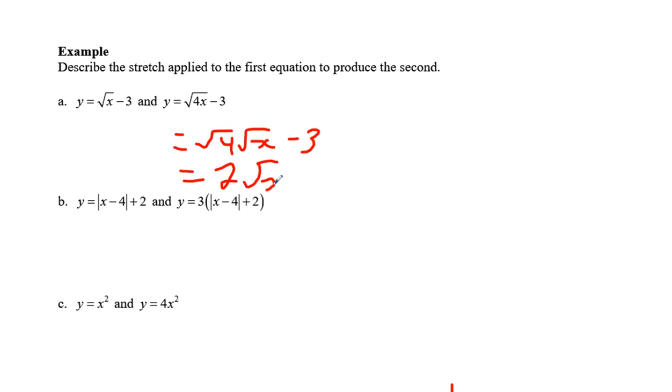Oh, so what does this mean? I could take this radical function and horizontally stretch it by a factor of 1/4, or I could take the same radical function and vertically stretch it by a factor of 2 and achieve the same result. Meaning, every horizontal stretch has a corresponding vertical stretch that would do the same thing.